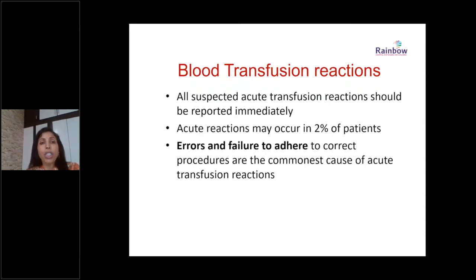Coming to the important part of the talk, that is blood transfusion reaction. Acute reactions may occur in 2% as per the theory, but in the practical world, we definitely face more transfusion reactions.